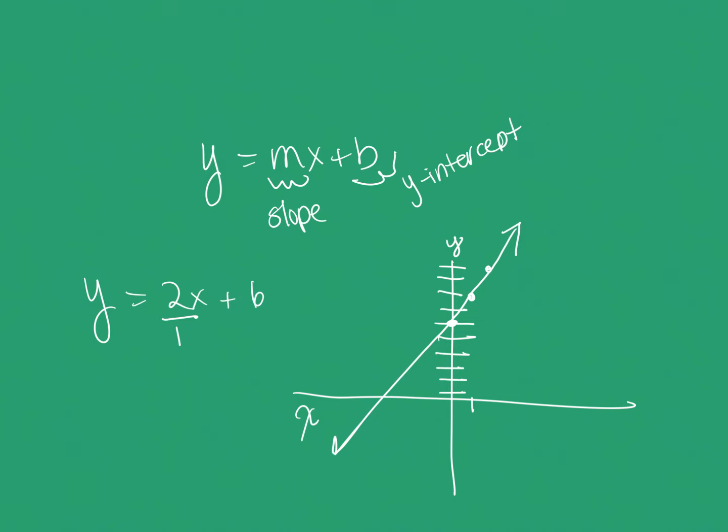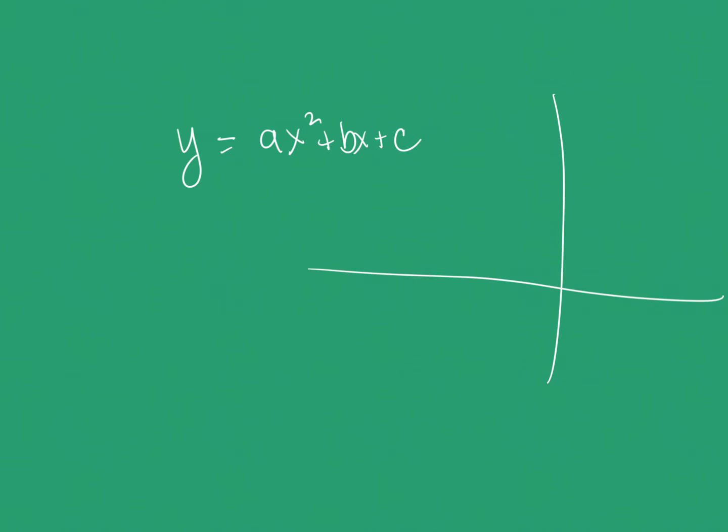Now, the more you know about what your parent functions are and look like, the easier it is to graph these types of functions. So let's say, what does a quadratic look like? All quadratics look like some form of a parabola shifted to wherever the vertex is, and flipped over and stretched based on whatever your letter A is.